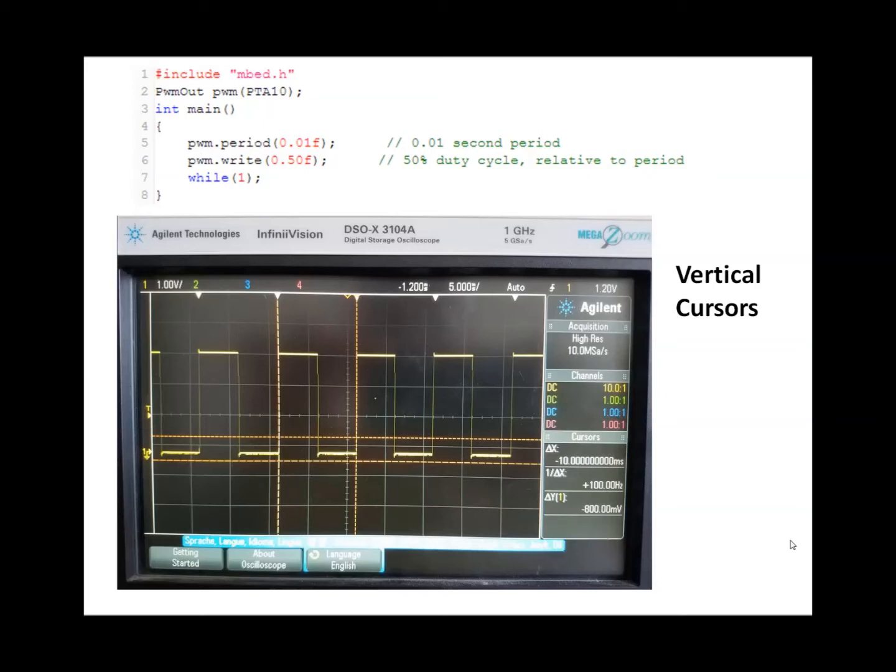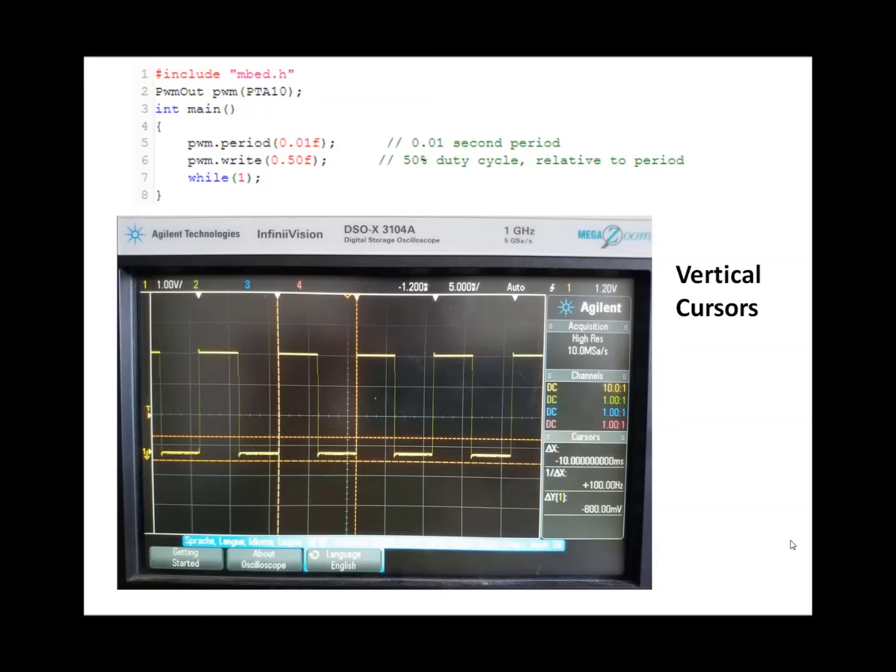As you can see, these dashed yellow vertical lines, and here it's delta X 10 milliseconds. Why is it minus? Where is the start? It doesn't matter. Yeah, exactly. Don't worry about the minus. 1 over delta X is like the frequency. So it's 10 milliseconds. So it's good.